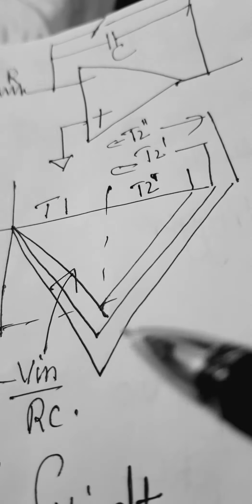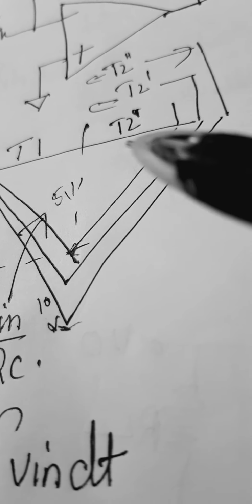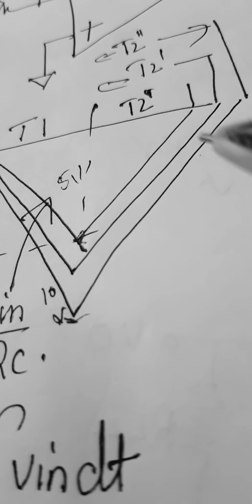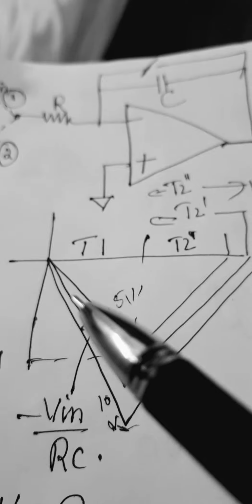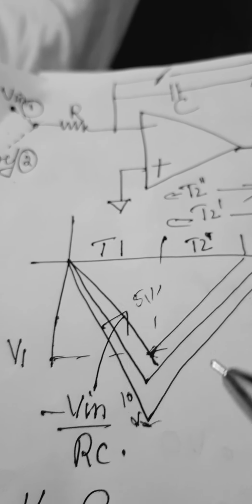If the depth is small, then the time taken to reach 0 is also less. For 10, it will take more time to reach 0. Now this time is converted into counts, so that is directly proportional to the input.